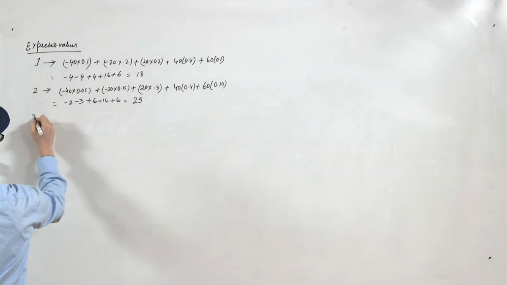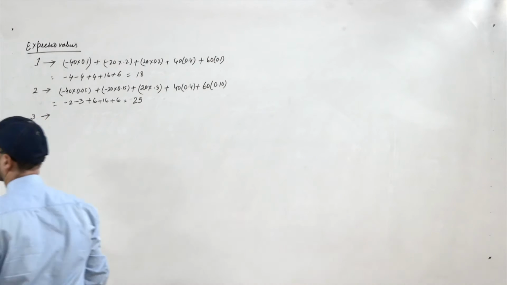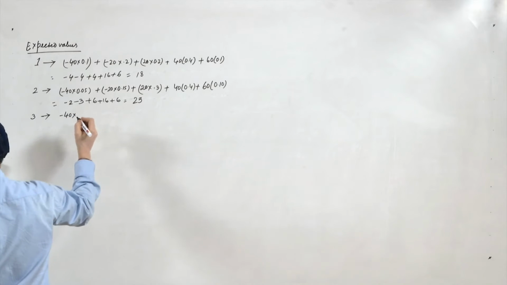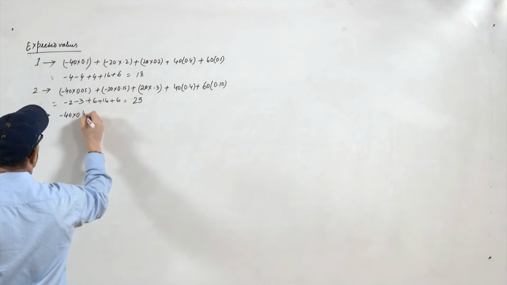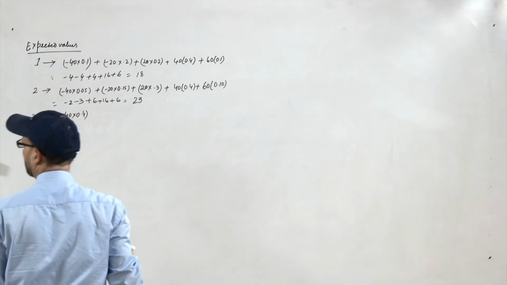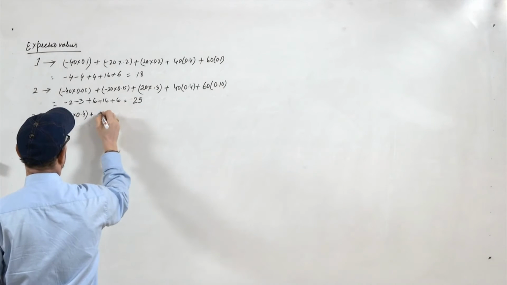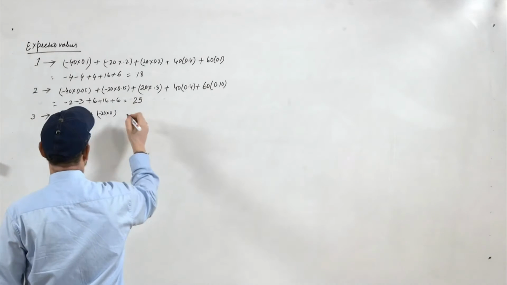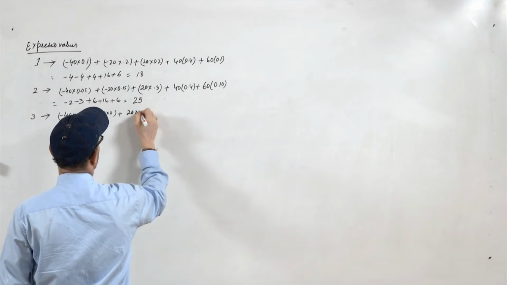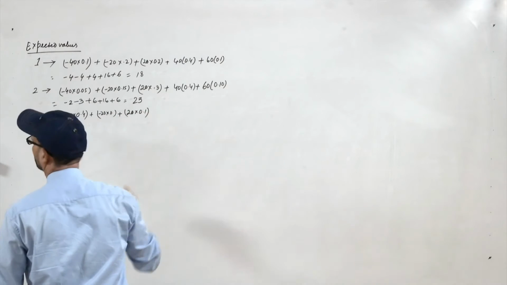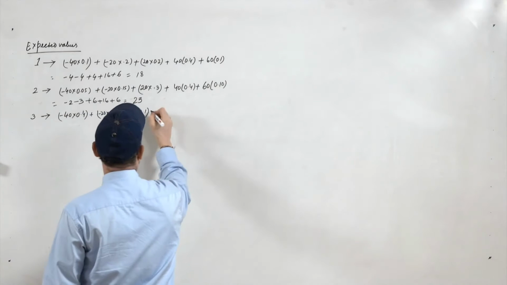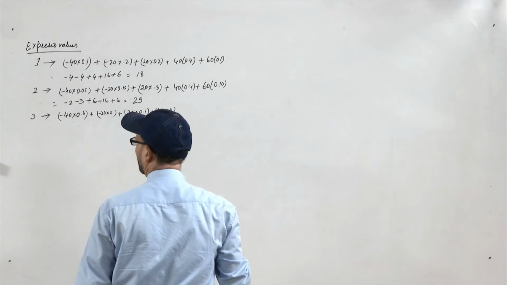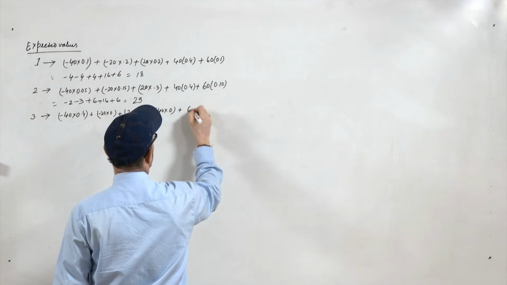Then for the third alternative, it will be minus 40 multiplied by 0.4, plus minus 20 multiplied by 0, plus 20 multiplied by 0.1, plus 40 multiplied by 0, plus 60 multiplied by 0.5.